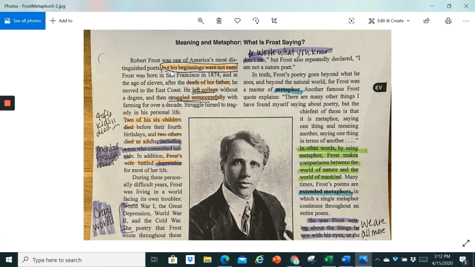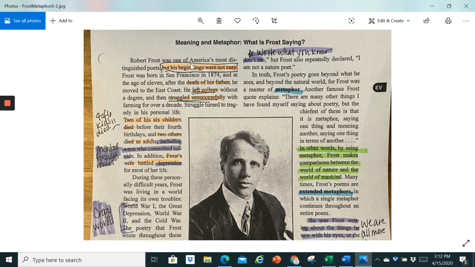Now, the topic sentence of this paragraph says his beginnings weren't easy. Most of us would think that beginnings would just apply to childhood, right? But what this article is talking about is his beginnings as a poet.